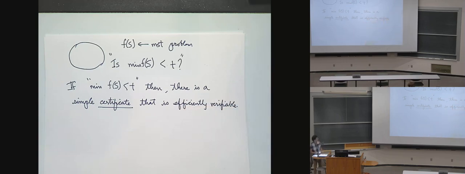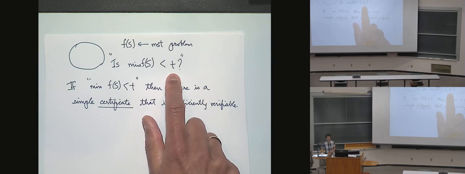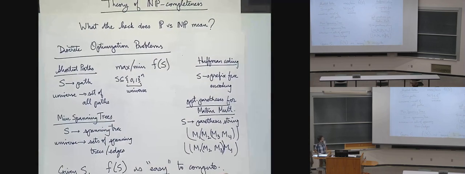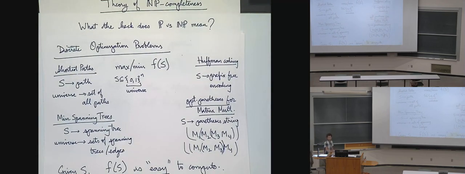It's a lot of words here, but what am I trying to say? Suppose the minimum spanning tree is actually less than t, and I wanted to convince you of that. The easiest way was I could give you a spanning tree, and you could check it's a spanning tree, compute the weight, and check that it's less than T. So in all of these problems, there is a certificate that is easy to check when you make a decision.